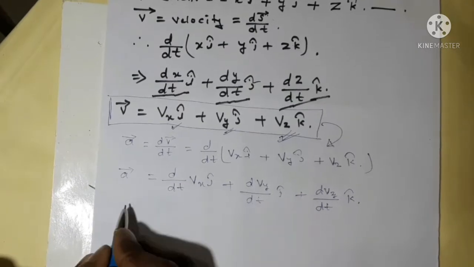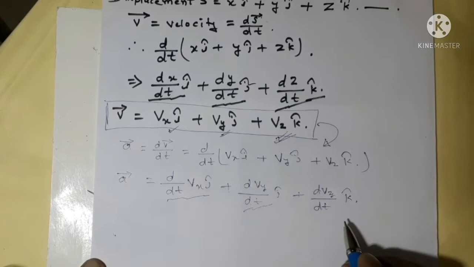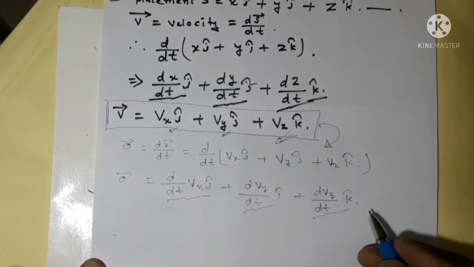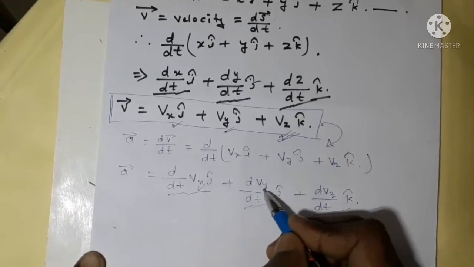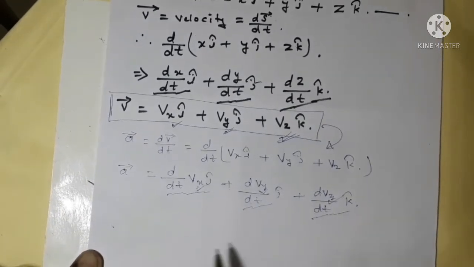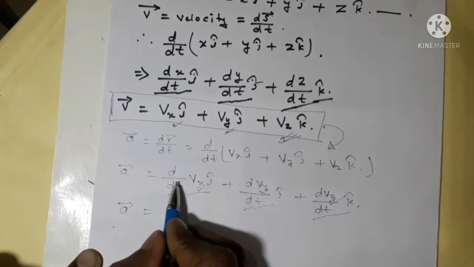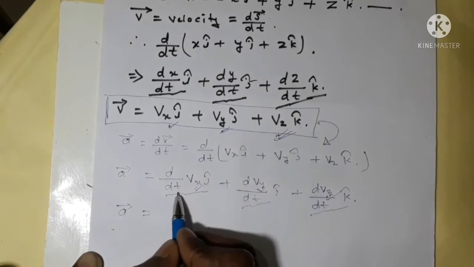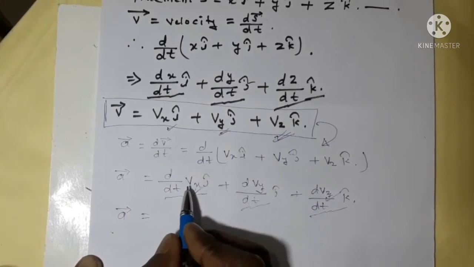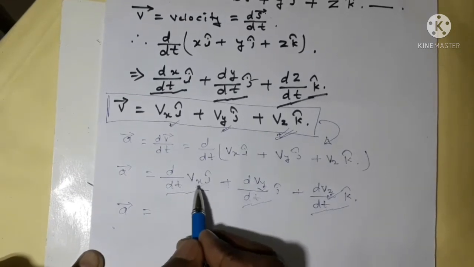So this is x-axis velocity and this is y-axis velocity and this is z-axis velocity. This is x-axis, this is y-axis and this is z-axis. Now acceleration can be written as dvx by dt I cap, meaning rate of change of velocity of x-axis.